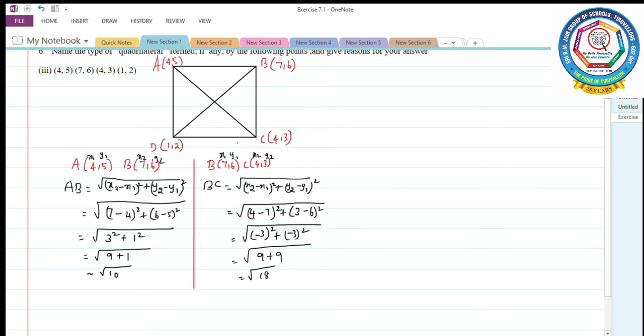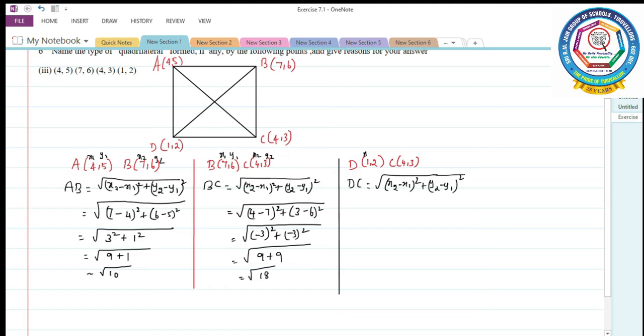So next I have to find the distance between DC. What is the D coordinate given here? D of (1, 2), C of (4, 3). We have to find the distance between DC. DC is equal to square root of (x2 minus x1) the whole square plus (y2 minus y1) the whole square.